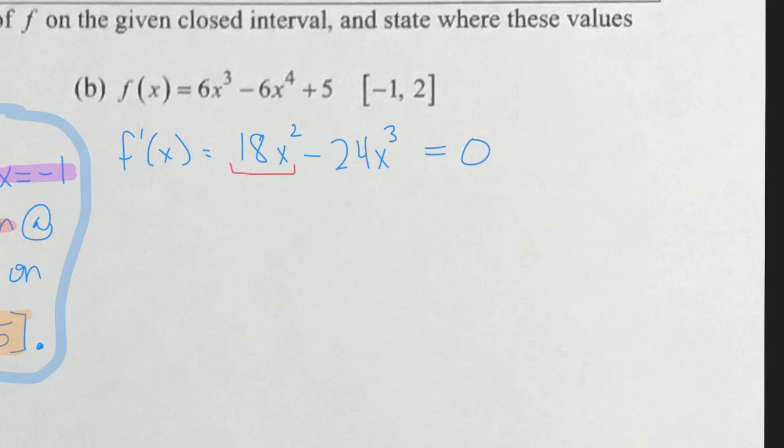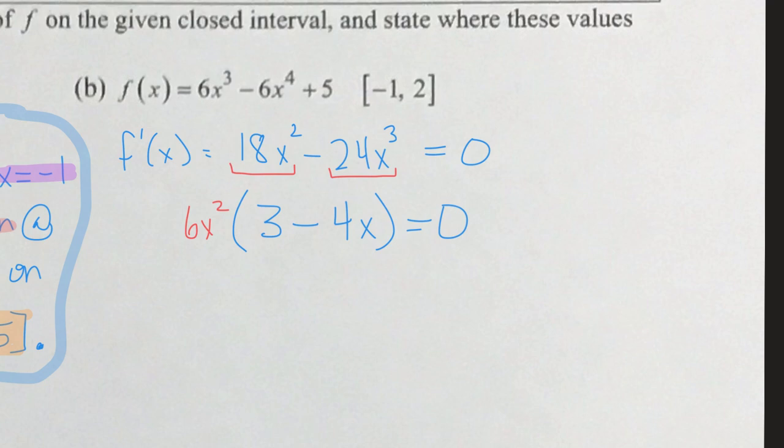What do 18x squared and 24x cubed have as common multipliers? And that's 6x squared, right? They both have a 6 multiplier and they both have an x squared. So 18 divided by 6 is 3. 24 divided by 6 is 4, and we still have an x on that term. So here are your factors of 18x squared minus 24x cubed.